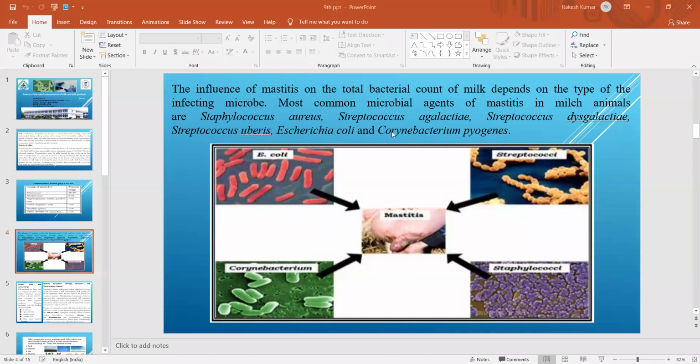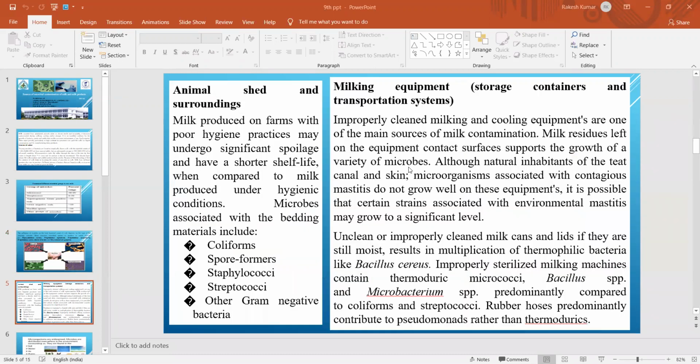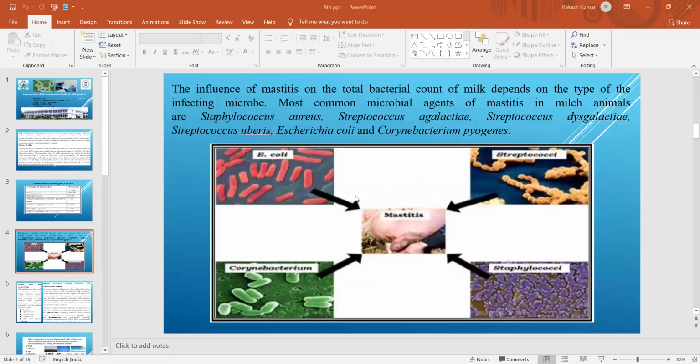These are the microorganisms generally found in milk obtained from a milk animal who is suffering from a mastitis problem. So you must remember the names of all these microorganisms. Whenever you are talking about the microbiological quality of your raw milk, you must consider the presence of different kinds of contaminants which are because of the mastitis problem.